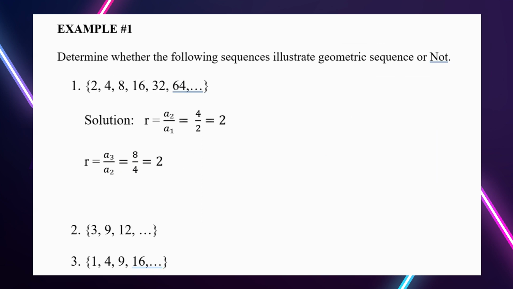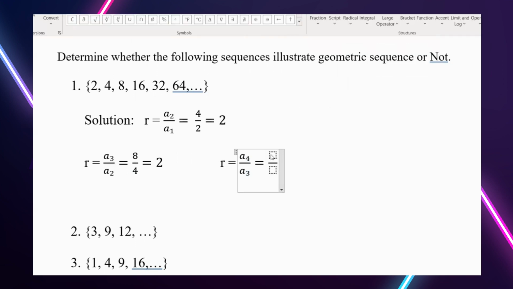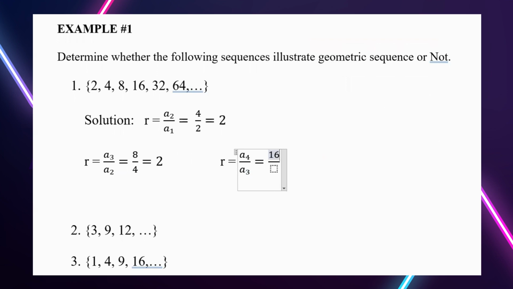Another, we have a sub 4 divided by the preceding term, which is a sub 3, and the value of a sub 4 is 16, and a sub 3 is 8. So 16 divided by 8 is equal to 2.